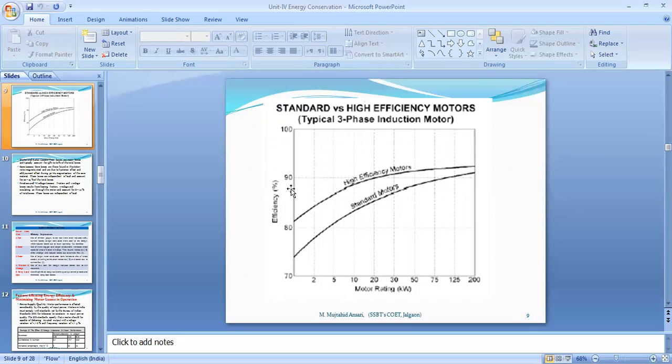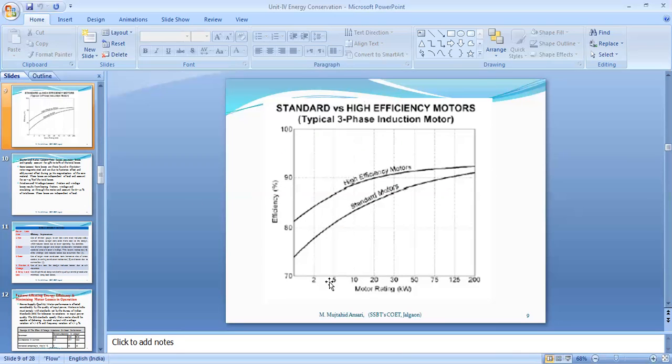So if there are a large number of motors in the capacity of 10 HP or 15 HP, it is advisable to purchase the energy efficient motor, because the quantity is more and the efficiency of a standard motor for smaller capacity is very small.